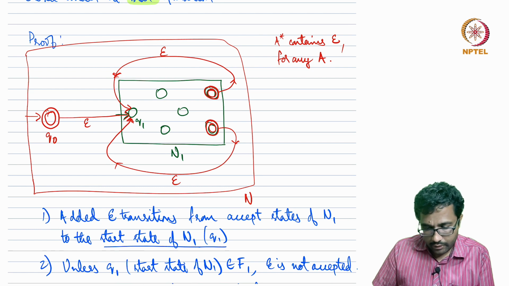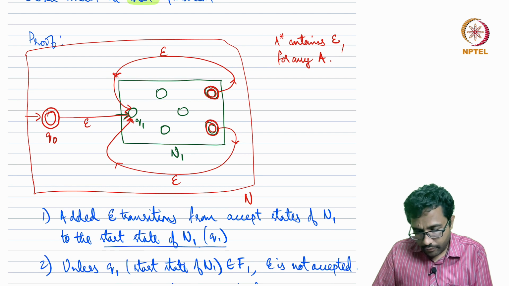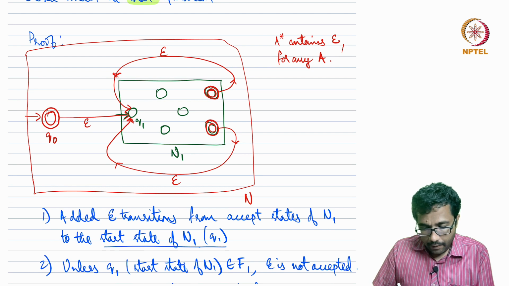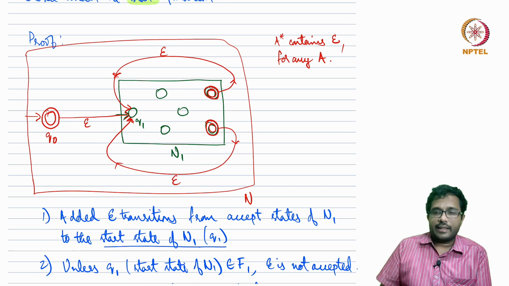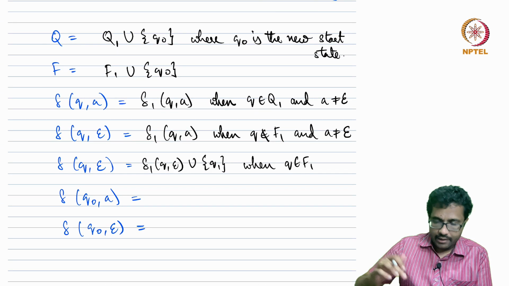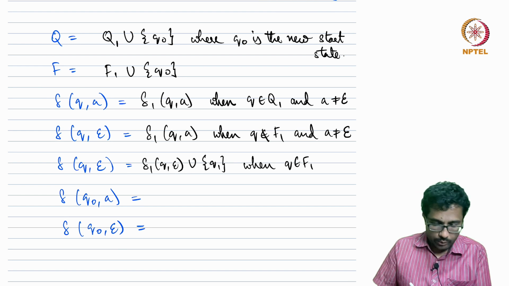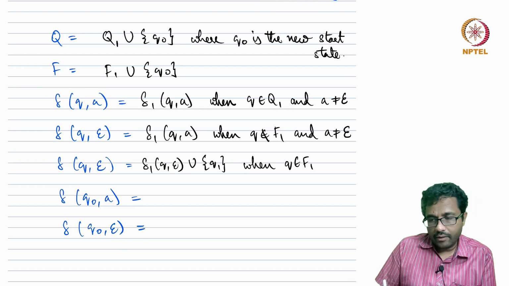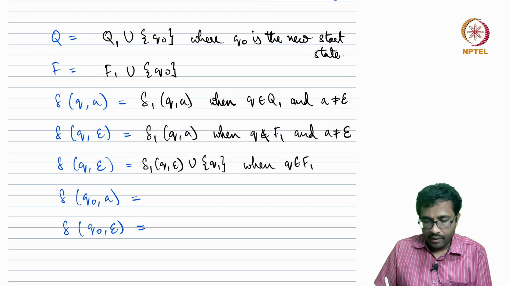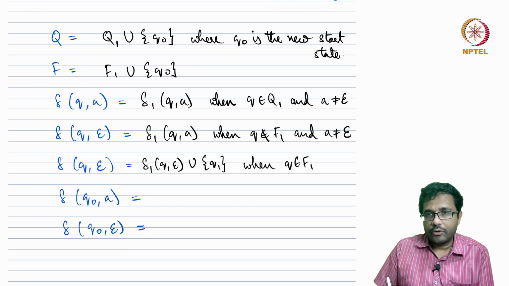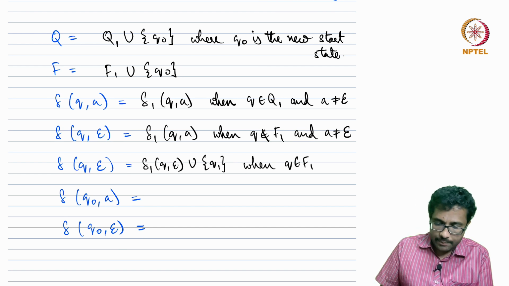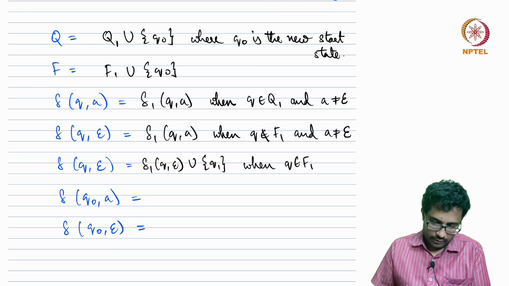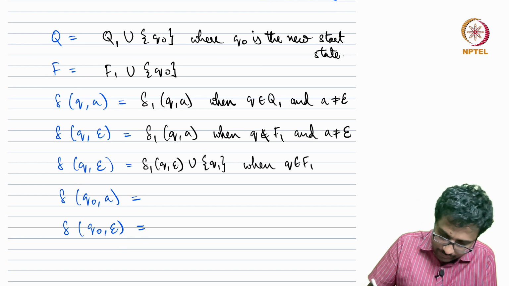So we first wrote all the transitions of all the states except epsilon transitions, then epsilon transitions of all the states except the accept states, and then the epsilon transitions of the accept states. That's the three ways we split the thing.